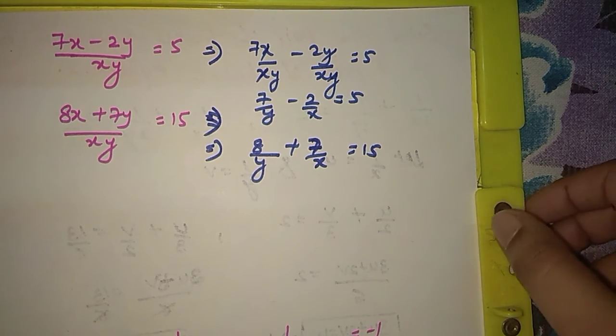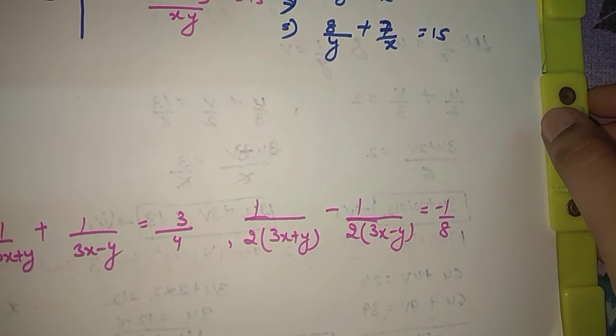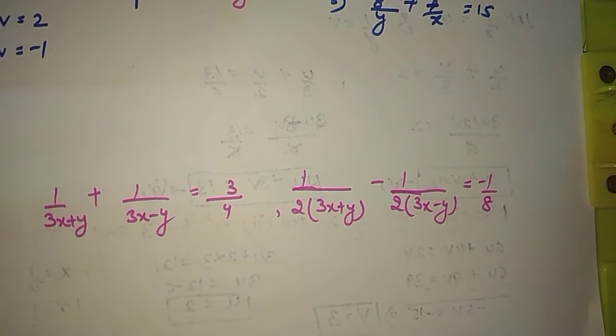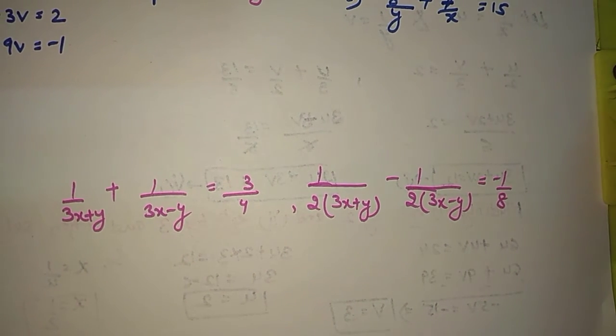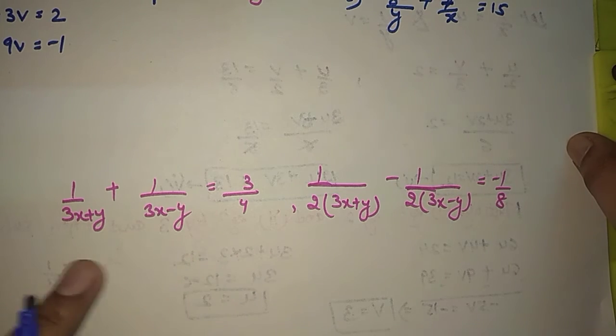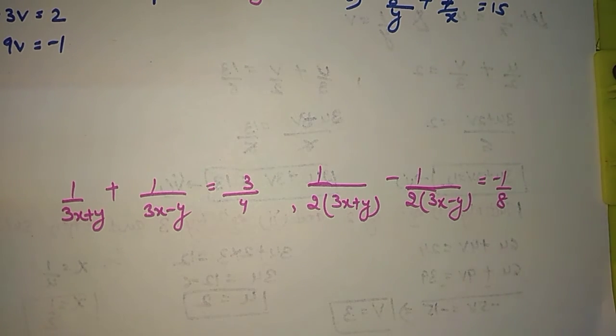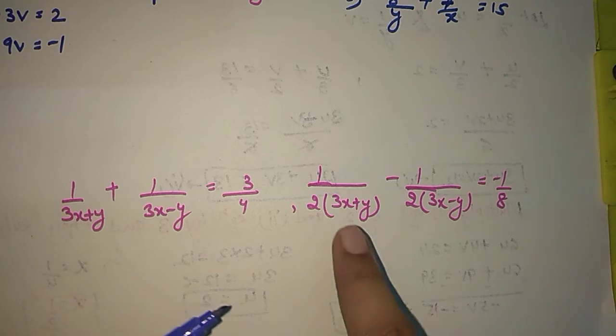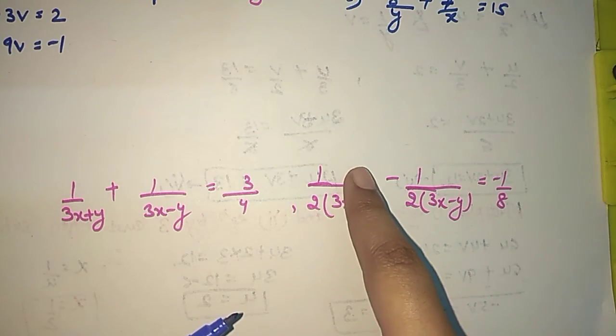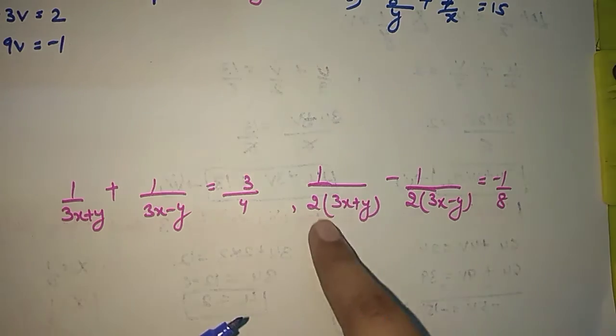So here is some difficult part, that is if we want to solve this pair of equation. This is the first equation, and here is the second. So here we have to see the common part. Here we have 1 upon 3x plus y, and similarly we have here 1 upon 3x plus y.